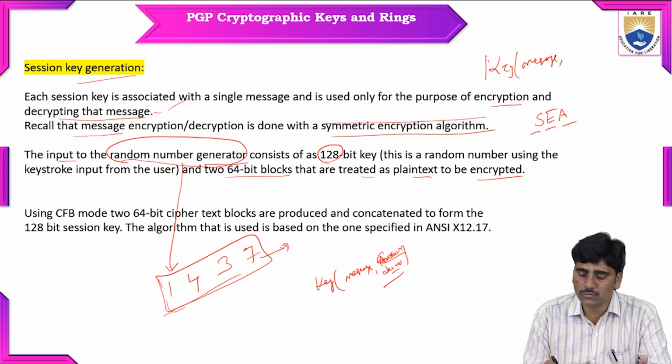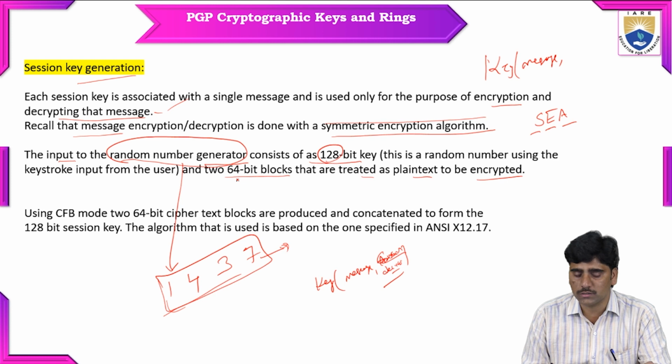So it contains a 128-bit key. This is a random number using the keystroke input from the user, and two 64-bit blocks. Those two are treated as plain text to be encrypted.